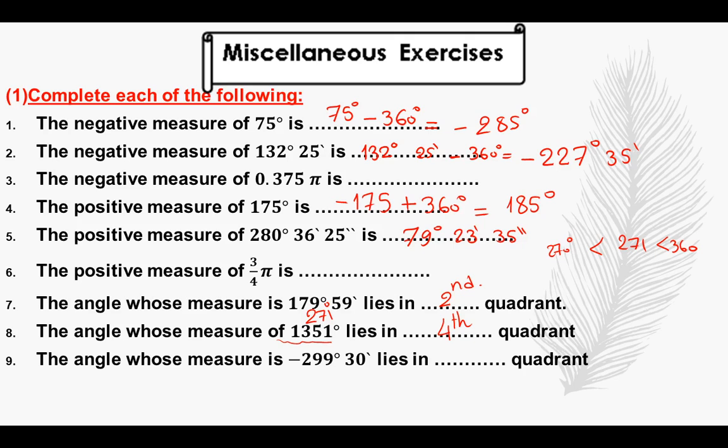This angle is equivalent to 60 degrees and 30 minutes. So the angle whose measure is negative 299 degrees and 30 minutes lies in the first quadrant. Okay.